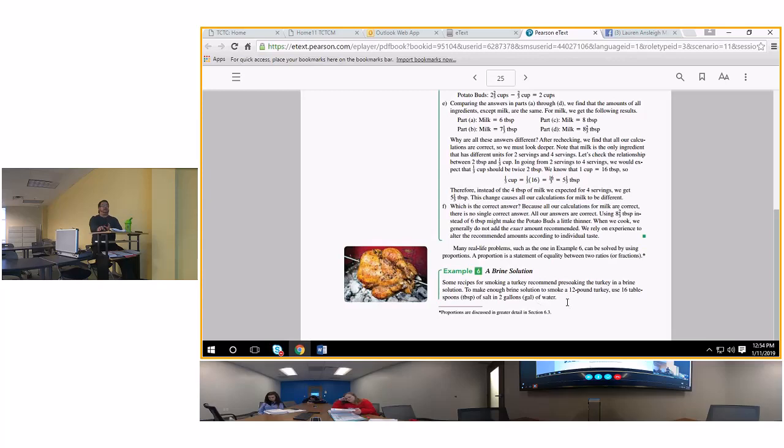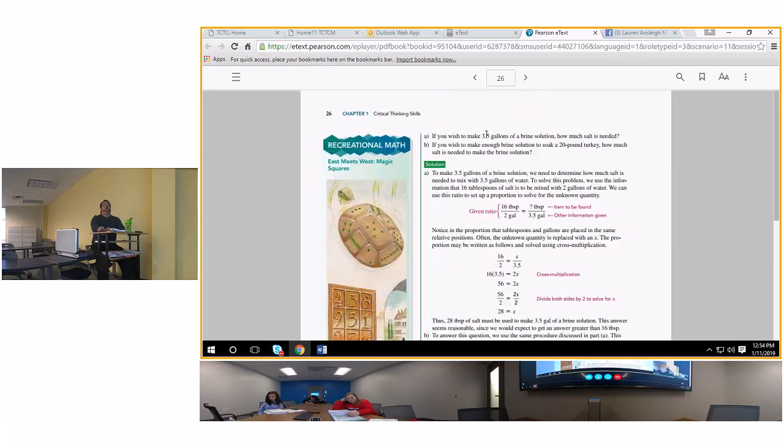So you would write that down because that's your conversion. 12-pound turkey, 16 tablespoons of salt in 2 gallons of water. Let's see the question: if you wish to make 3.5 gallons of brine solution, how much salt is needed?